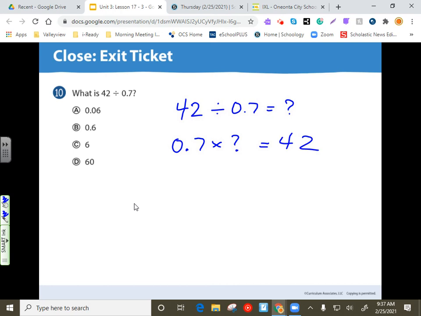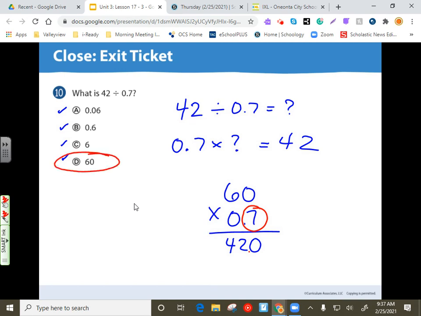The good thing is I've got all these options over here to choose from, and I'm going to start with 60. Let's try 60 times 7 tenths. I've got one place value here, so that means I have to bring my decimal over here. And I got it on the first try, and I know that answer would be 60.